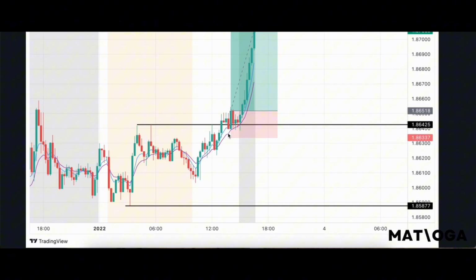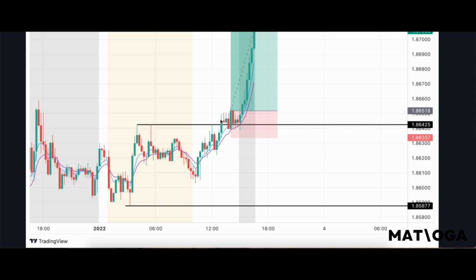the EMAs. So when we got this next strong green bullish candle, this is our long position entry. Why? First of all, it's above both of the EMAs. Second of all, it's a strong, nice, bullish candlestick. And lastly, it came after a break retest of the Asian session high.